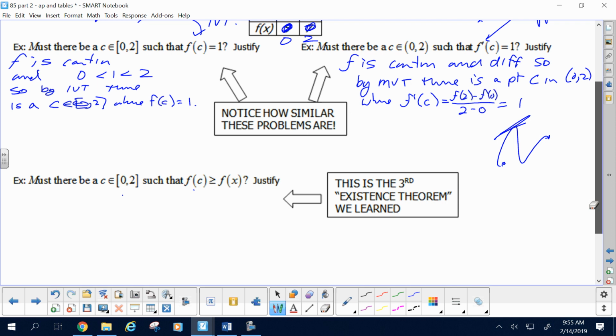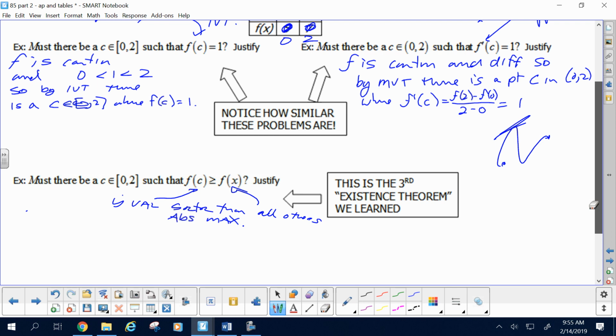Is there some X value that makes a Y value greater than or equal to all other Y values? Y value greater than all others. That is the extreme value theorem, which is to say, must there be an absolute max?